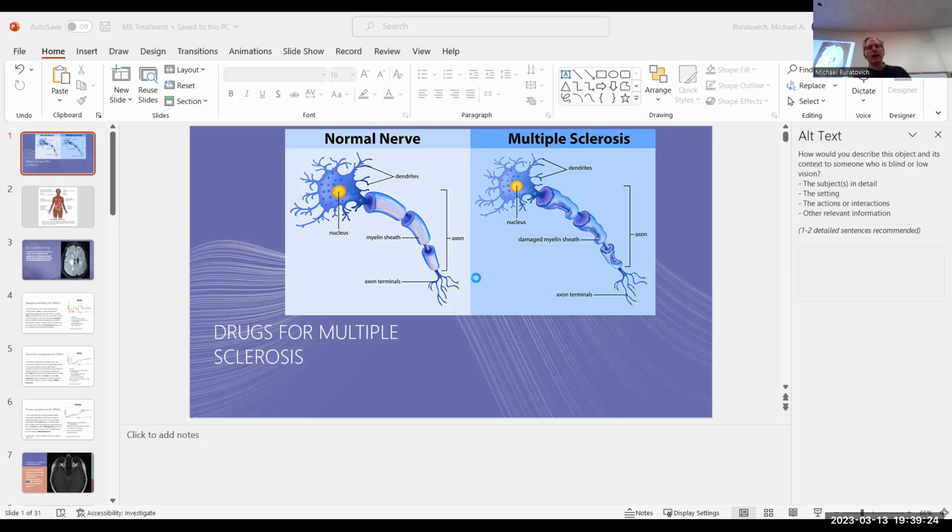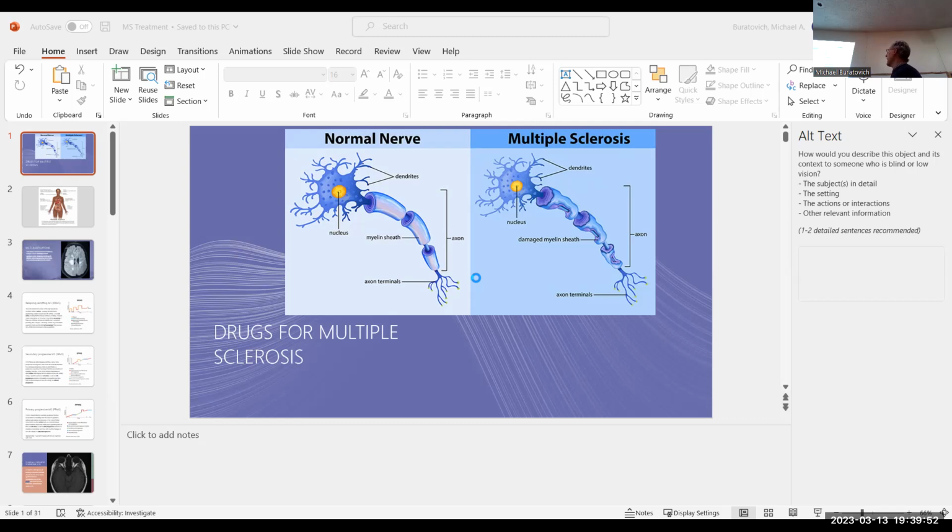So there's different types of MS. The most common is relapsing remitting MS. I think the picture here does a pretty good job of showing you that you get an attack of MS and then it remits. And you can have a pretty long time sometimes between another attack.